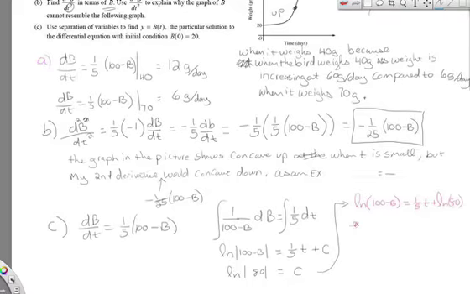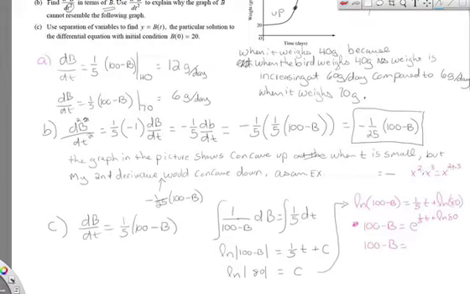I get 100 minus b equals e to the 1/5 t plus ln of 80, which I can write as, again, we talked about this in class, e to a power that includes a sum. If we review exponent rules, we know that x squared times x cubed equals x to the 2 plus 3.